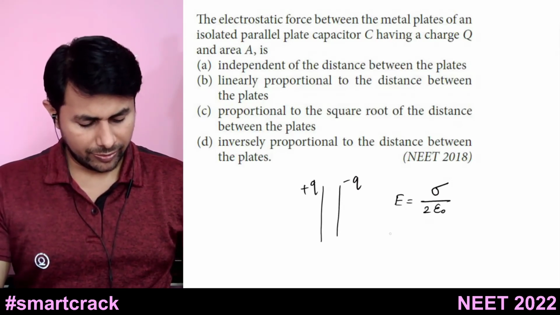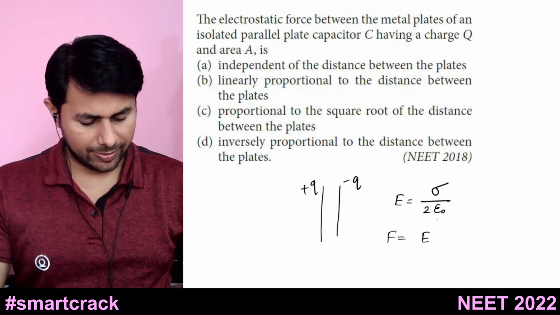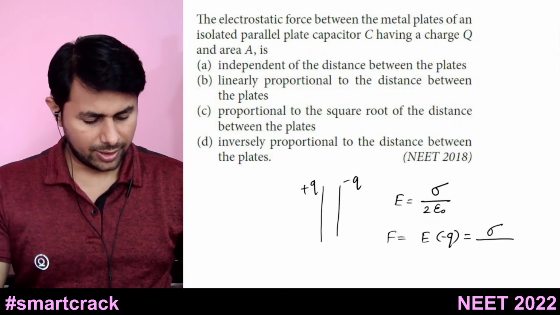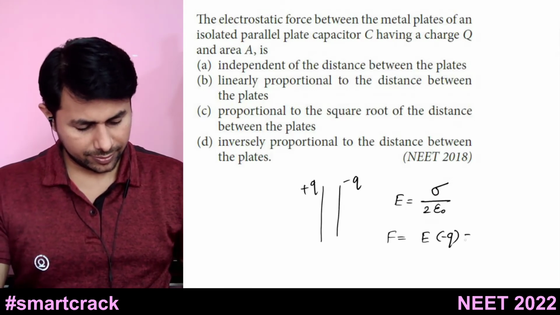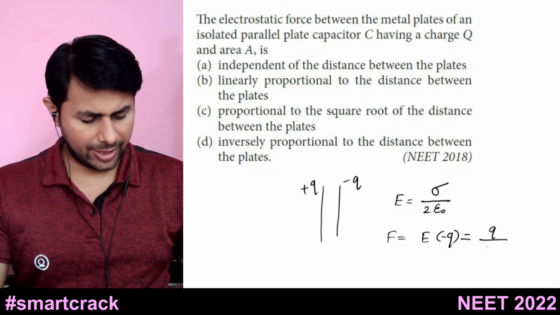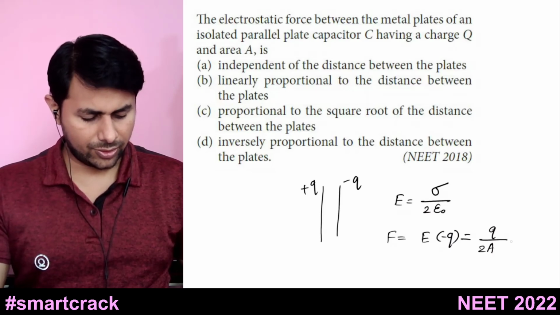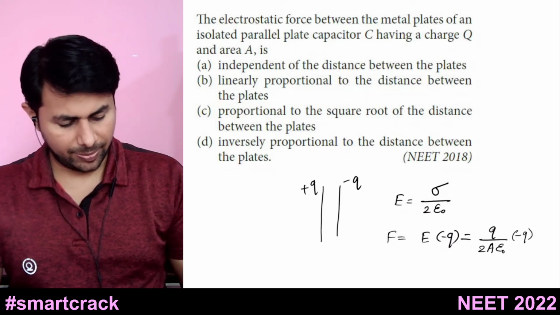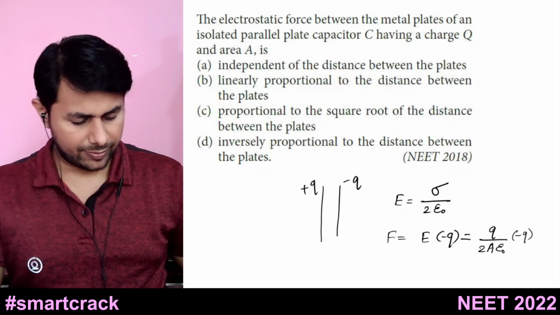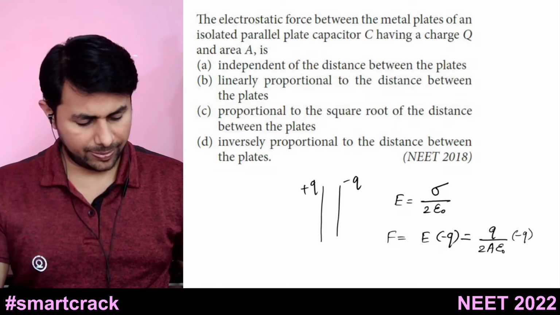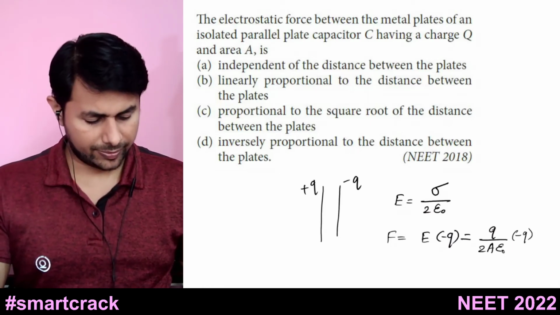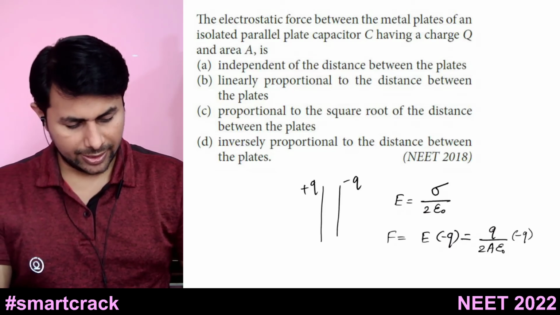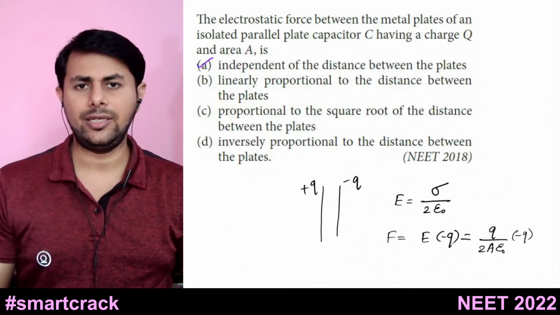And what will be the force then? It is E multiplied by this charge minus Q. Sigma is charge upon area, so Q upon A, into 2 epsilon naught, multiplied by the charge on the other plate, minus Q. Okay, so it does not depend on the distance. So it is independent of distance between the two plates, that is the answer.